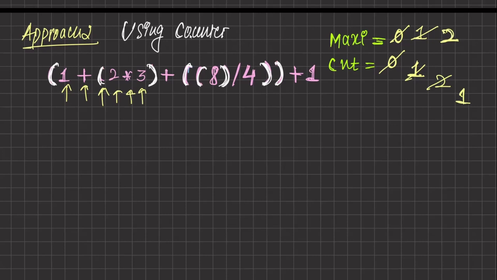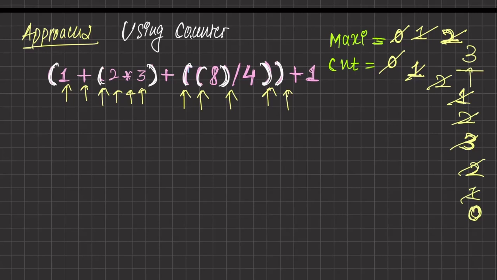Take the maximum, it's still 2. Again, opening parenthesis, increment, take the maximum, still 2. Incrementing the stack size is similar to incrementing the count. Maximum becomes 3. Now closing, popping out from the stack, 2. Closing, popping out, 1. Popping out, 0. Maximum is 3, and that is the answer. So it's simple. It's just like using the stack: pushing in is incrementing, popping out is decrementing.